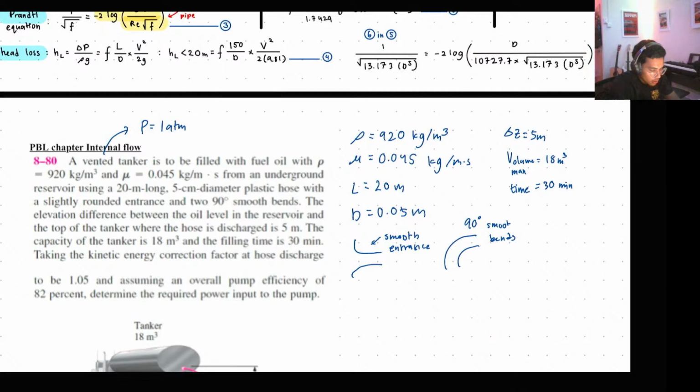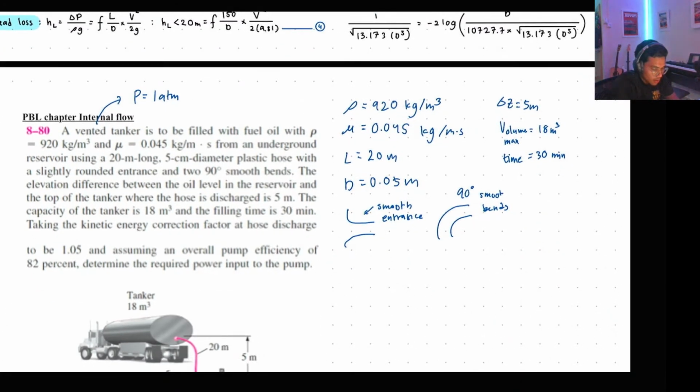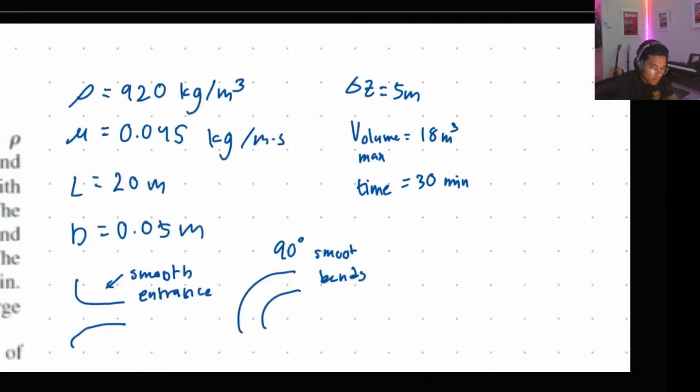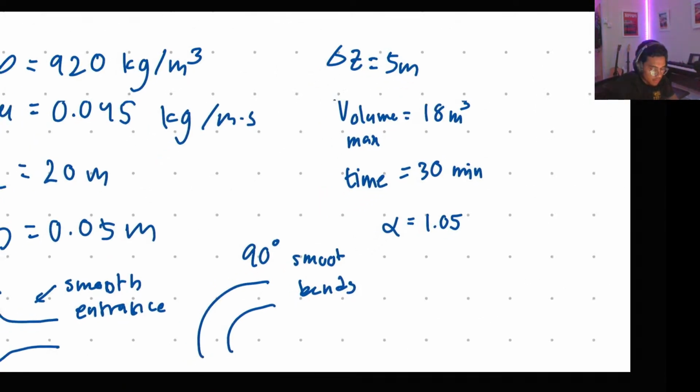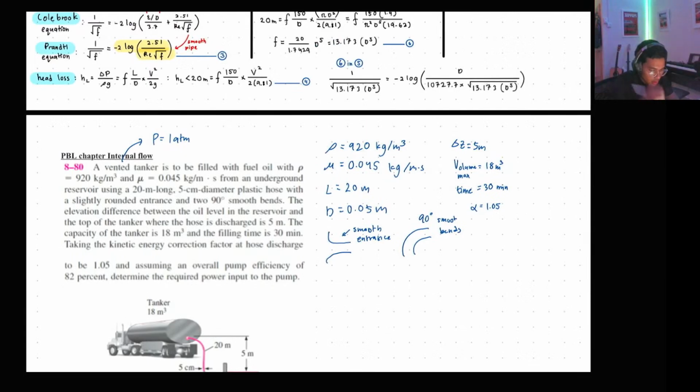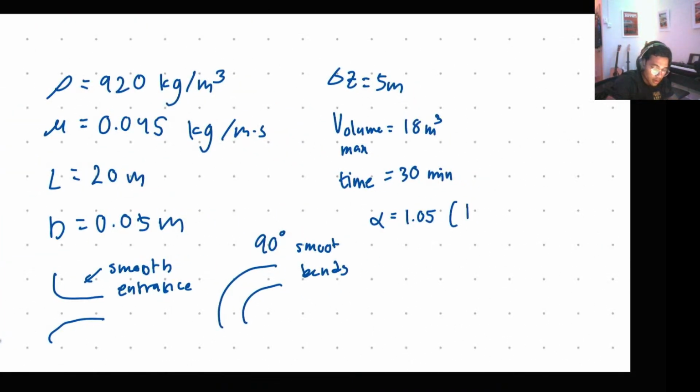Taking the kinetic energy correction factor at hose discharge to be 1.05, alpha equals 1.05. This is the discharge.